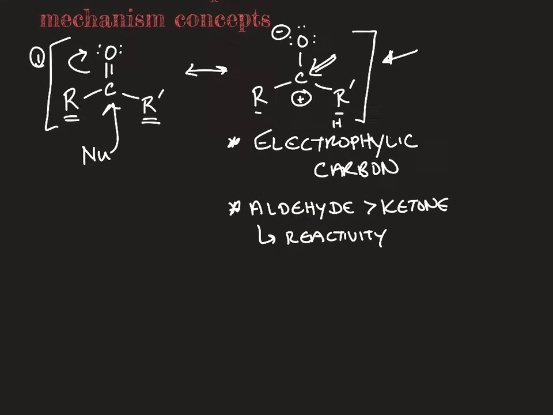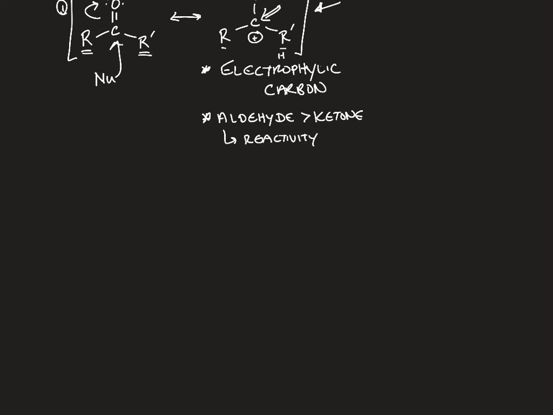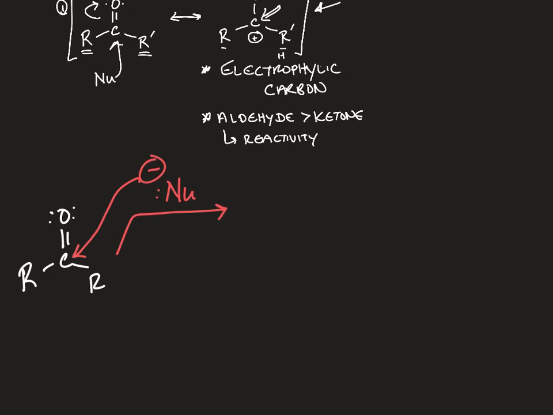As far as the general steps, there's a couple of different ways these reactions can go. So again, if we start with our carbonyl, one typical pattern is if we have a negative nucleophile, that's going to attack that electrophilic carbon directly and kick the pi electrons in the double bond up.